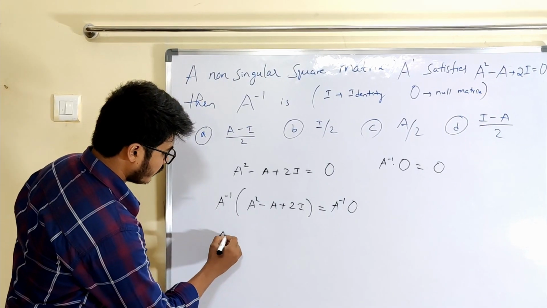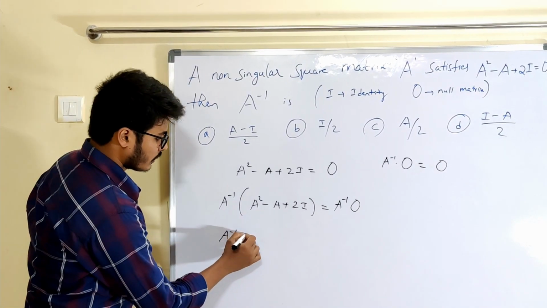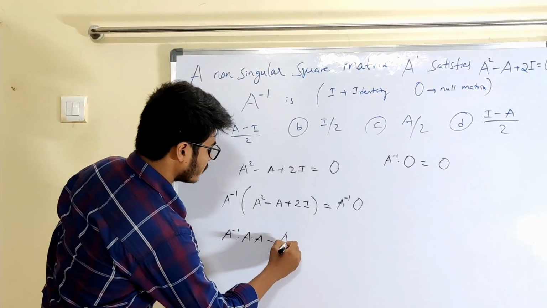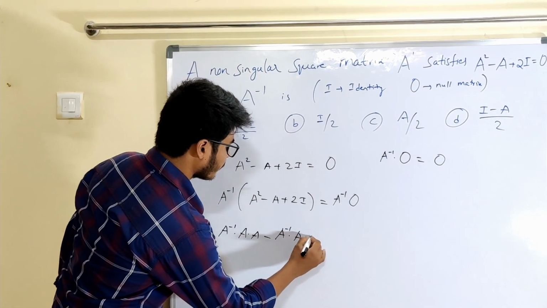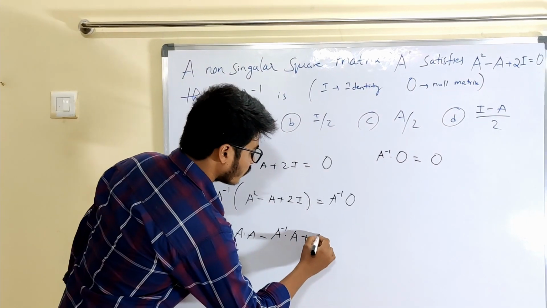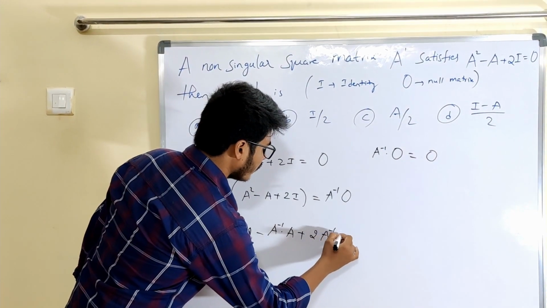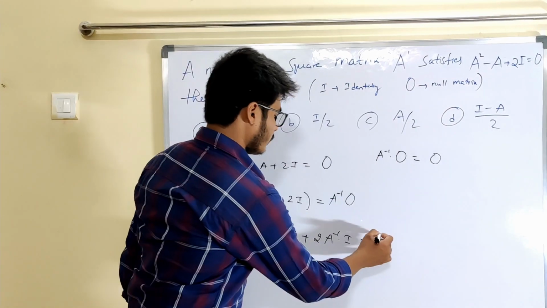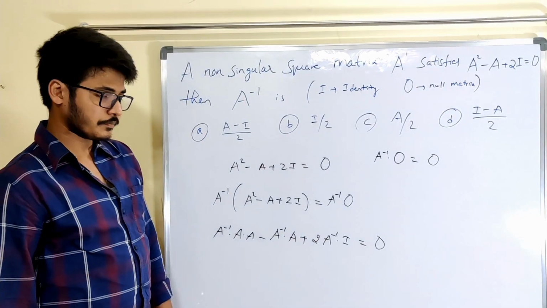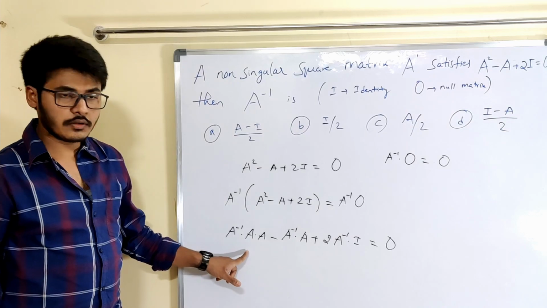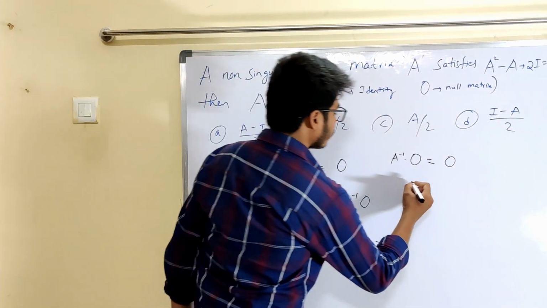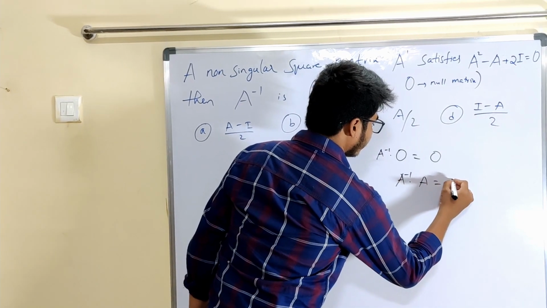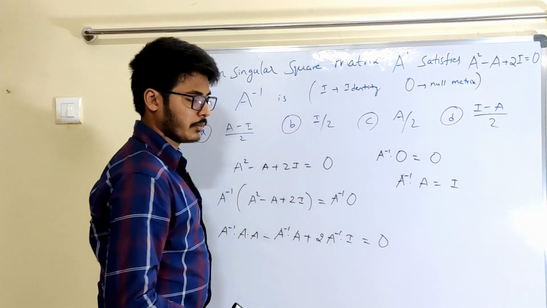So now A inverse into A square can be written as A into A minus of A inverse into A plus 2 into A inverse into I is equal to A inverse into O is null matrix. And A inverse into A, we know that A inverse into A will be I, identity matrix.